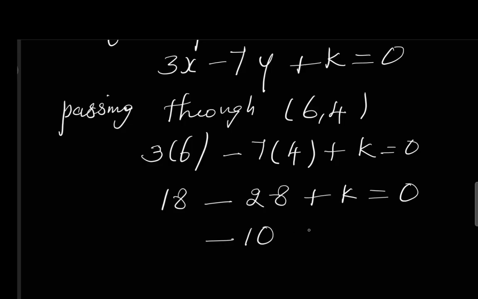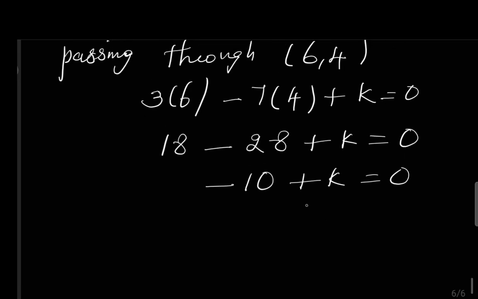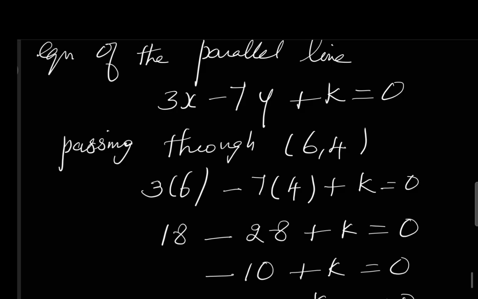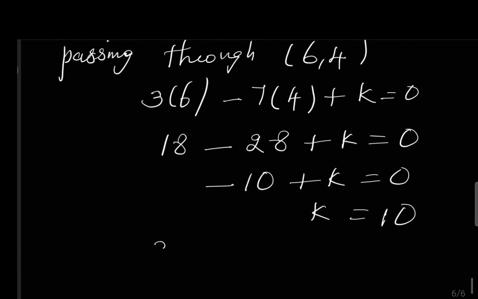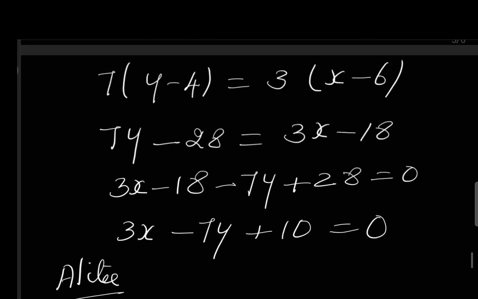So minus 10 plus k is equal to 0. K is equal to, take 10 to the other side, becomes plus 10. So our parallel line is 3x minus 7y plus 10 is equal to 0. This is the answer.